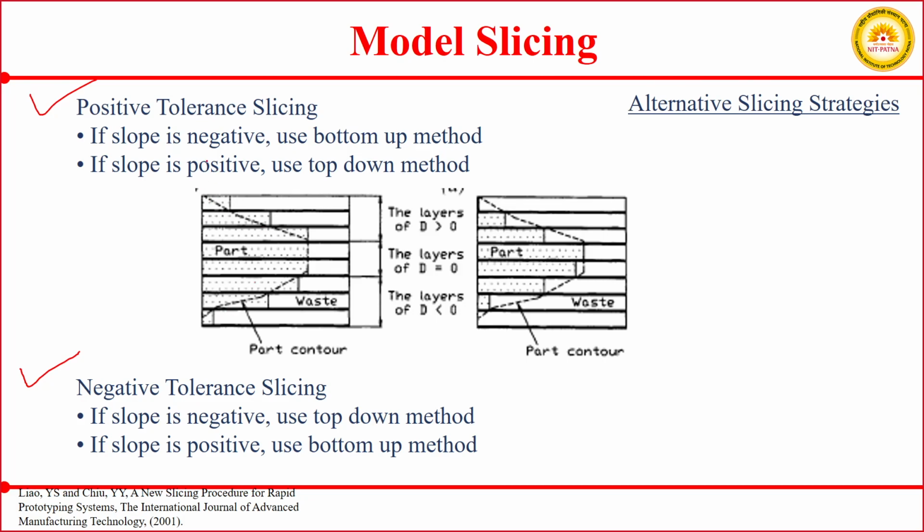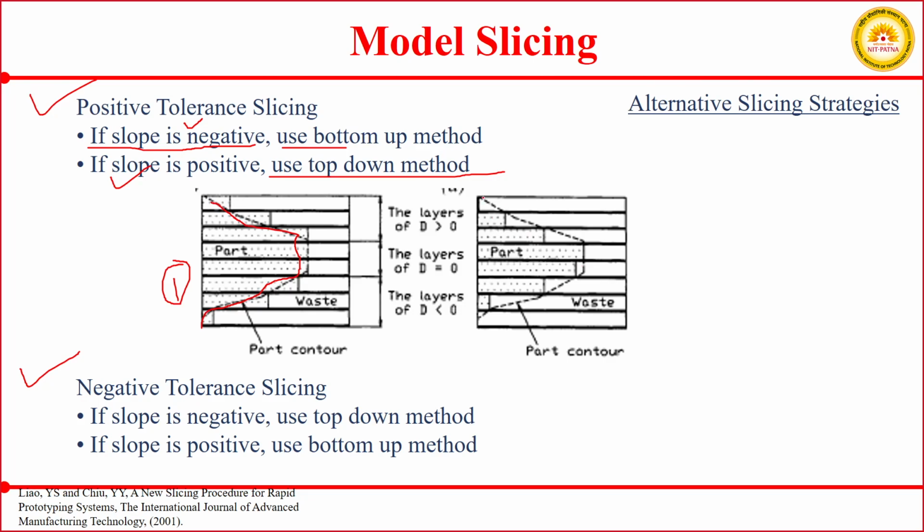So what you will do, you will apply the bottom up method when slope is negative, and bottom down method when the slope is positive. Okay, so this is the first case, that is corresponding to your positive tolerance slice.